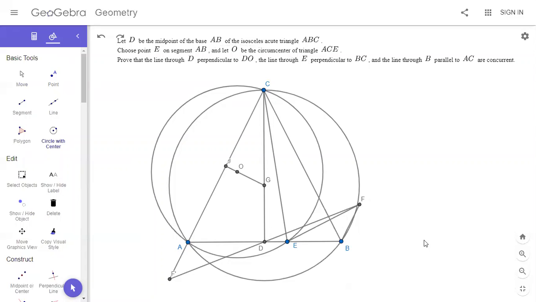We want to show OF is equal to OF prime. I kind of like that. I feel like that gets us somewhere.